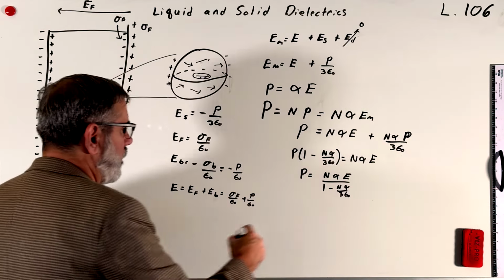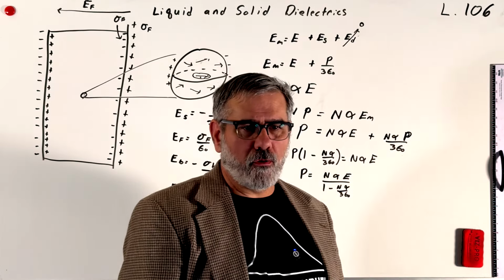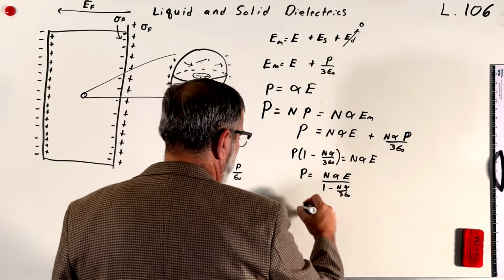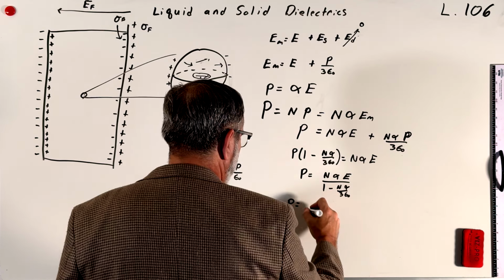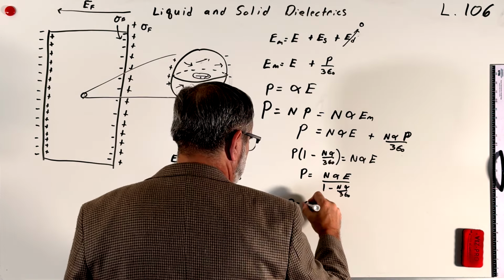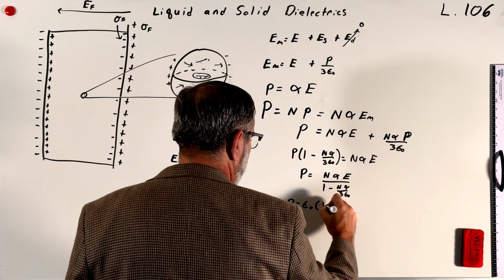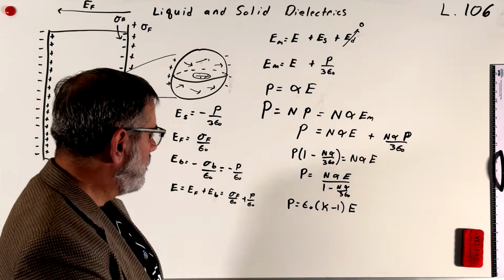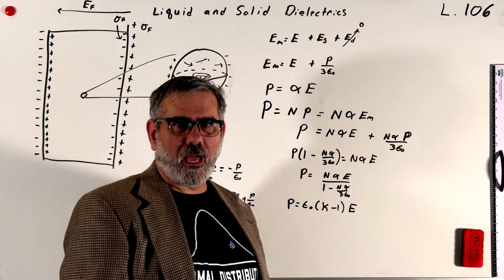And if you recall, we also had a way to relate the dielectric constant to the dipole moment per unit volume. In SI units, the dipole moment per unit volume is equal to epsilon naught times (kappa minus 1) times E, where kappa is the dielectric constant.